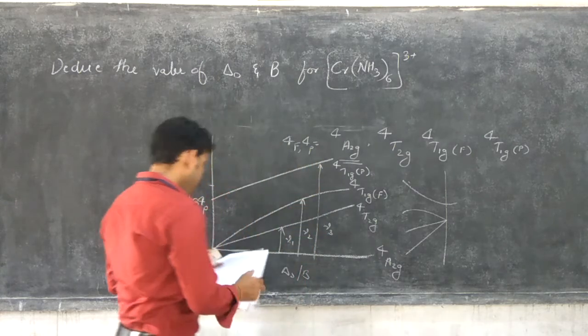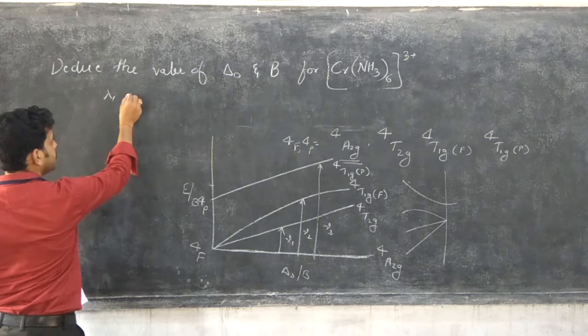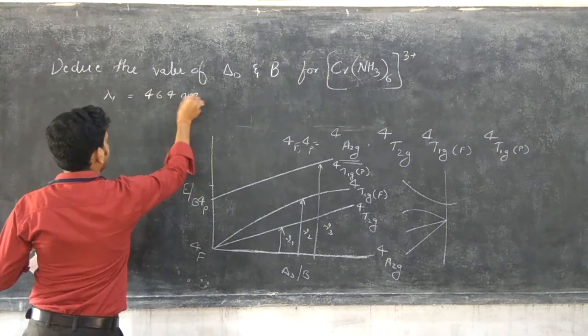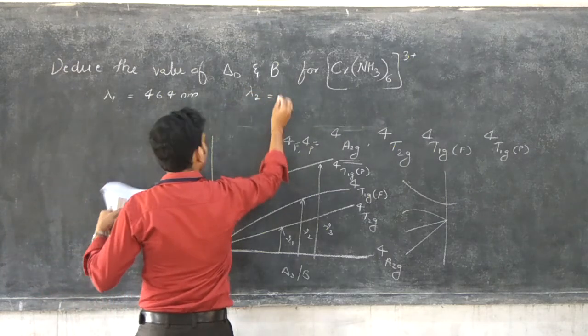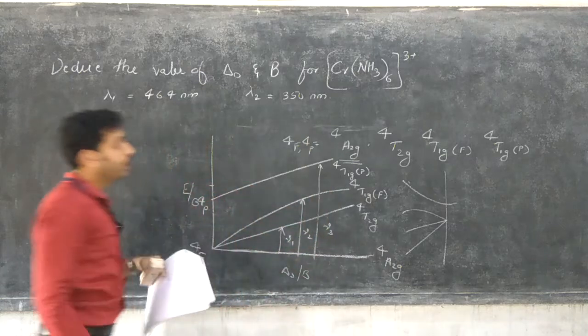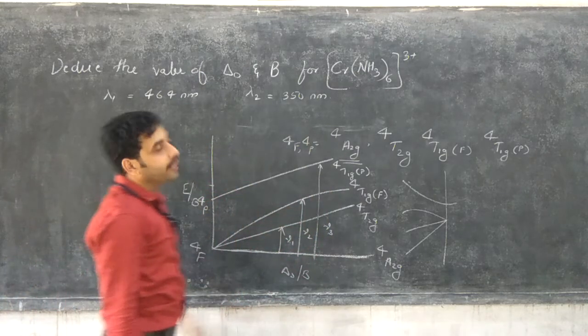From that, the nu 1, nu 2 or lambda 1, the given data is lambda 1 is 464 nanometer and lambda 2 is equal to 350 nanometer. One is 464 nanometer and another one is 350 nanometer.